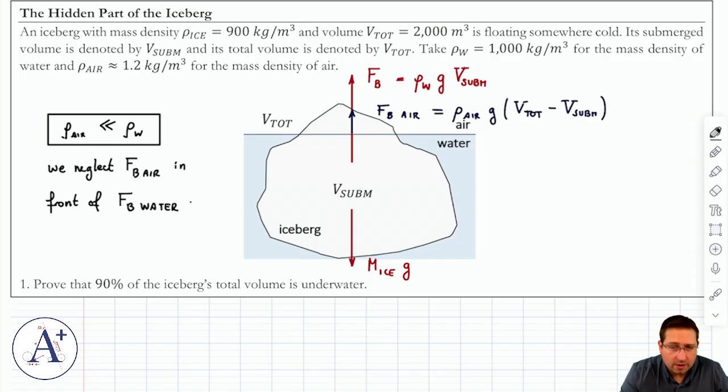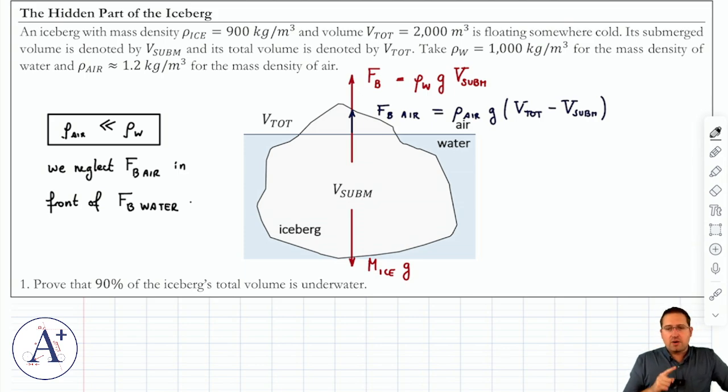Okay, now, so that's important, first of all, meaning that if you look at solutions to these types of problems, you will very likely never see the buoyant force due to air. We're like, yeah, I know it's there, but I don't care. It doesn't make a difference. It's 10,000 times smaller, or at least 1,000 times smaller, like rounding error. I don't care. So that's why we usually don't draw it.